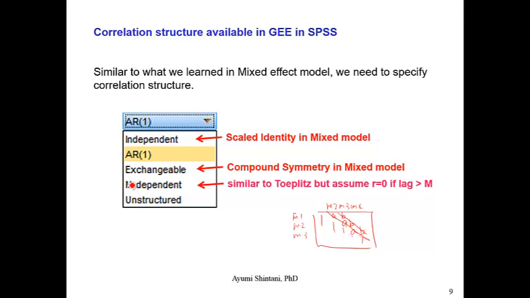And the M-dependent actually assumes correlation becomes 0 after some lag time. So that's the difference between Toeplitz and M-dependent. And GEE in SPSS has these 5 different correlation matrices.